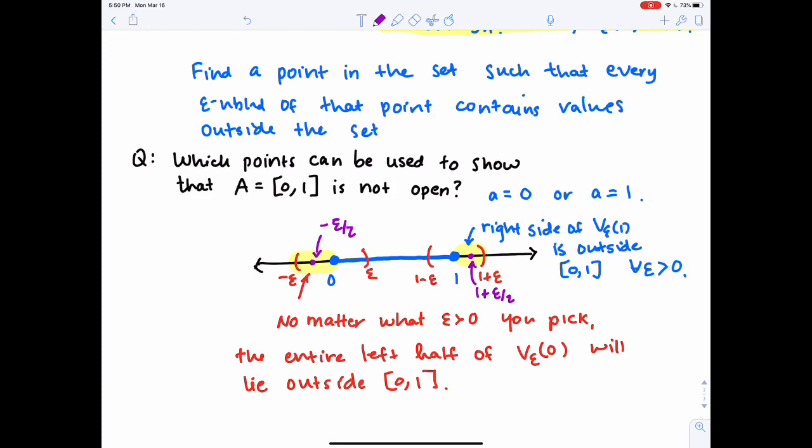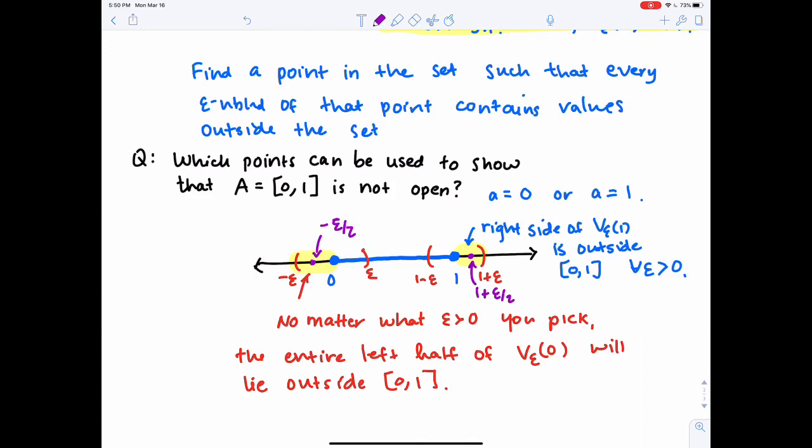Why is it that we can't use negative epsilon, for example, to show that the neighborhood around 0 is not in my set? And why is it that I couldn't use 1 plus epsilon to show that the neighborhood around 1 is not in my set? The idea is we have to just remember V epsilon is an open neighborhood, so it doesn't contain its endpoints.